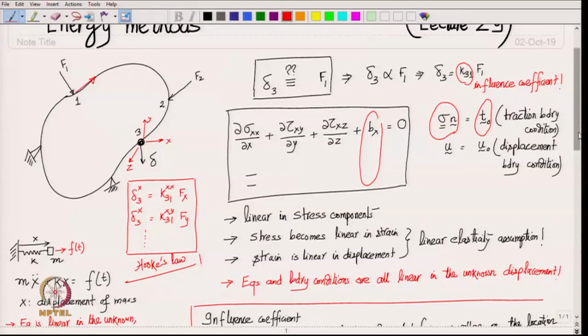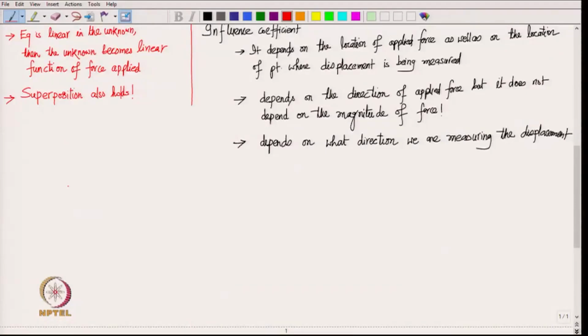All right. And then the next thing, of course, as we just figured out is that superposition is also going to hold. So, if you are applying force, let us say at both point 1 and at point 2, and you are measuring the displacement at point 3, then what would be the total displacement?